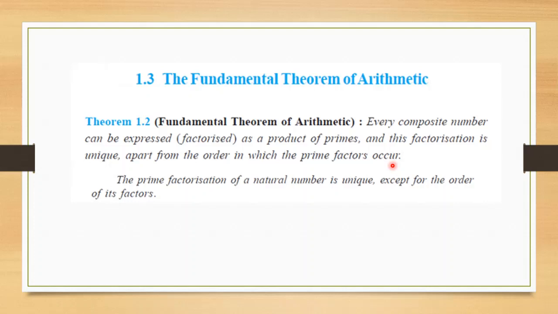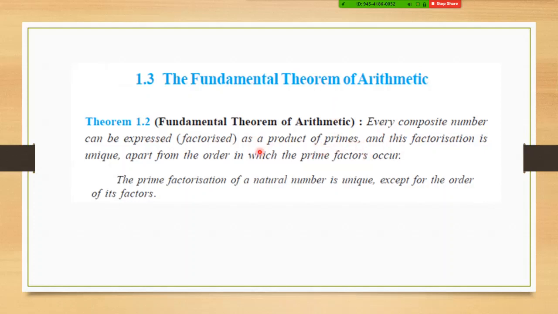The fundamental theorem of arithmetic, now moving ahead to that, says that every composite number can be expressed, expressed meaning factorized, as a product of primes. These words are very important when you read the theorems.